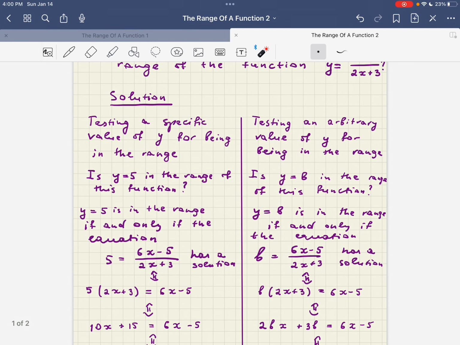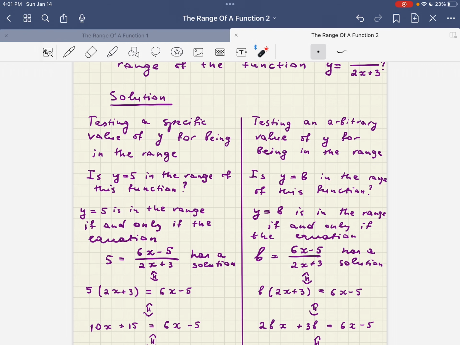This is where we can use algebra to test all values of y at the same time, rather than testing one value at a time. We can use a letter in place of a specific value, which is essentially the main idea of algebra, that we can use letters instead of specific numbers to do calculations of this kind.